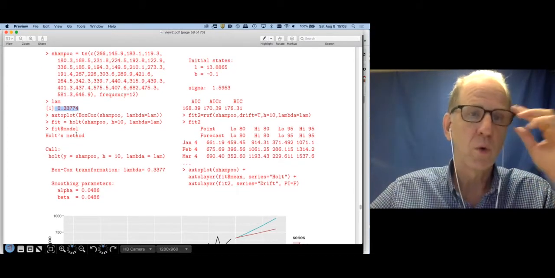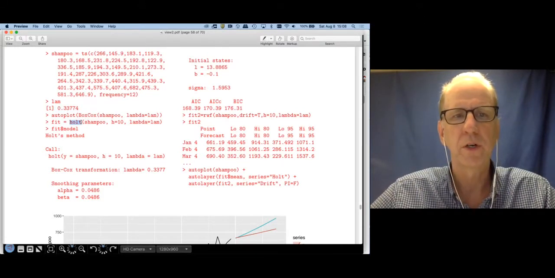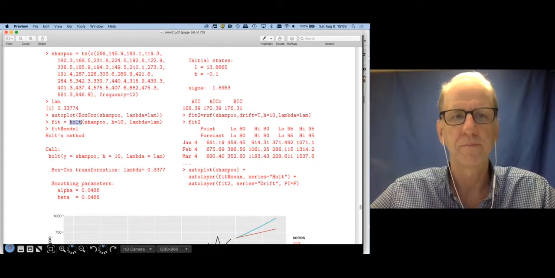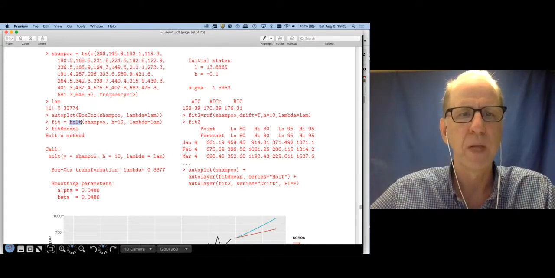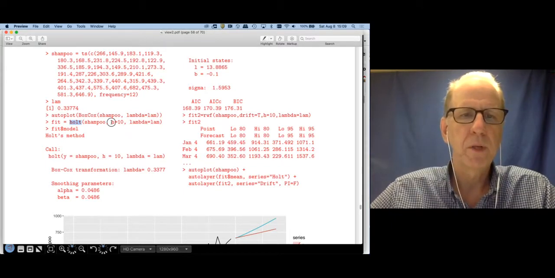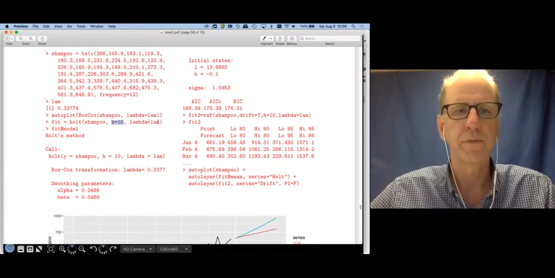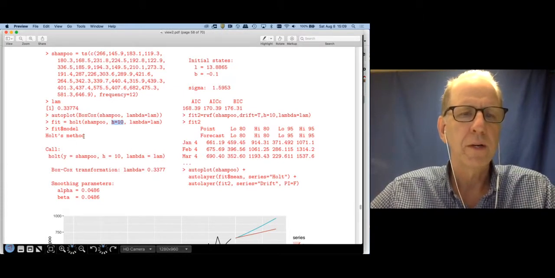To fit one of these Holt models, R provides a wrapper for a much more general function that we're going to study in a couple of videos from now called holt. And so with holt, you can specify the number of periods ahead and your Box-Cox transformation value. And here's the output you get.